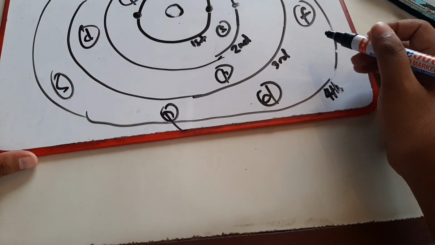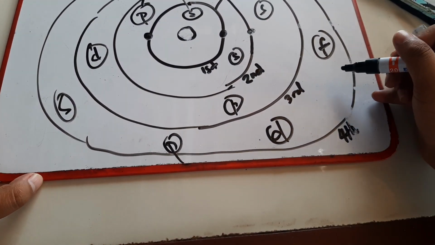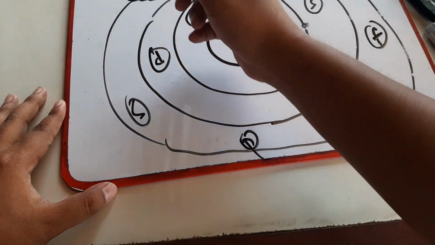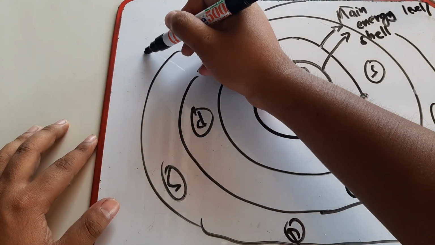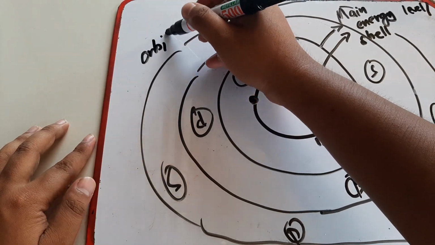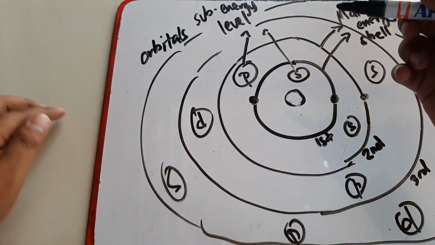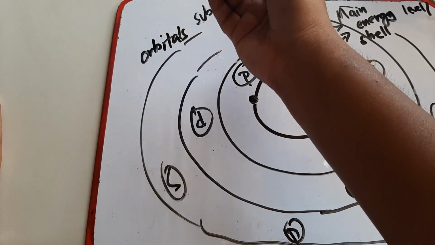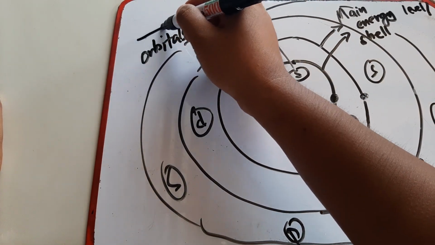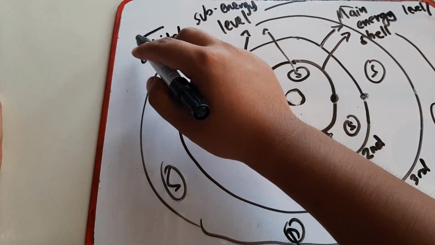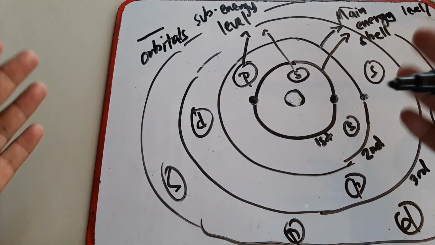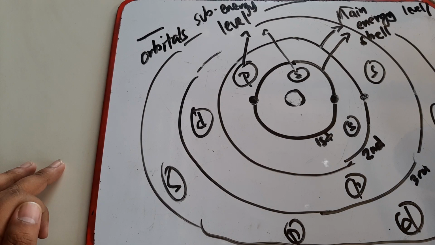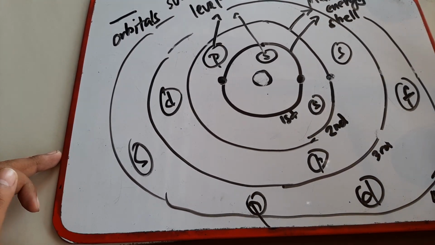So let me write it in this position. Dito na lang, medyo may space pa dito. Sige, thank you Johnny for catching the orbitals. Orbitals, we can use lines to indicate their region. So what we are doing here is we are trying to actually locate where the electron is.